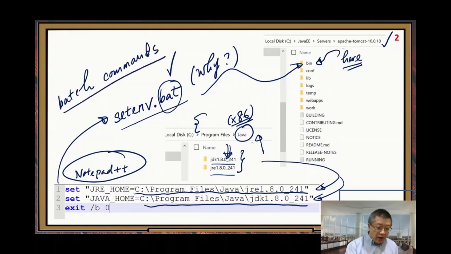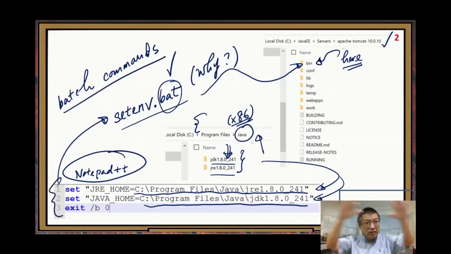Here, what you are doing is actually a batch of commands, many commands. How do you run several commands one after another? Use the batch file. This is the usual way to do it.